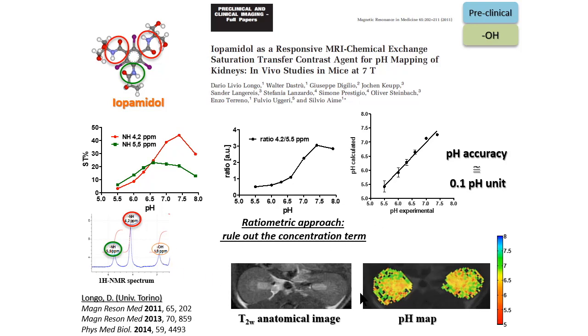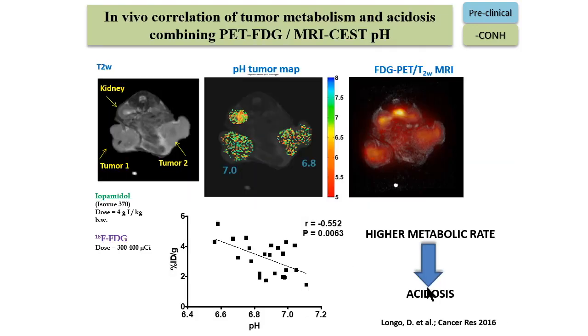This has been done, for instance, to map pH change in tumor regions, in a kidney tumor, sorry, and in tumor regions. It shows, by the way, the high heterogeneity that one may have in different tumors in the same animal.